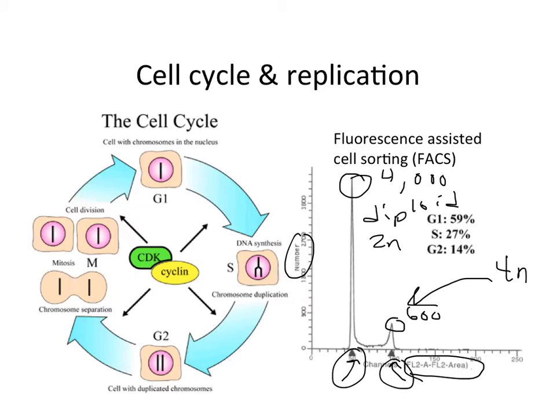They've already gone through synthesis. They're about ready to undergo cell division, mitosis. And it's not a coincidence that this peak is at 50 relative fluorescence units and this one's at about 100. You double the DNA content, you double the amount of fluorescence. So you go from 2N to 4N, you get, instead of 50 units of fluorescence, 100 units of fluorescence.